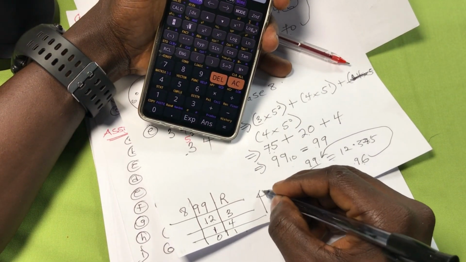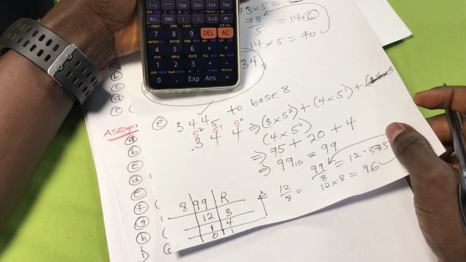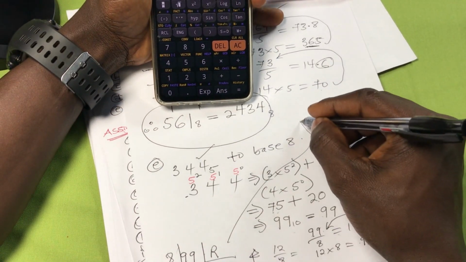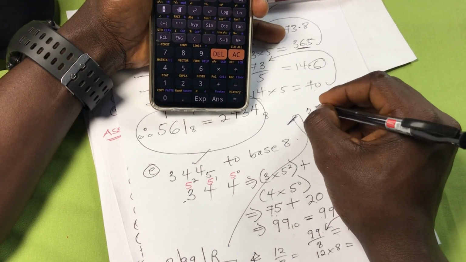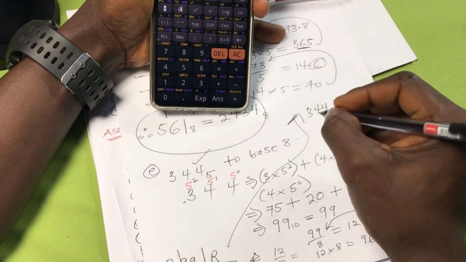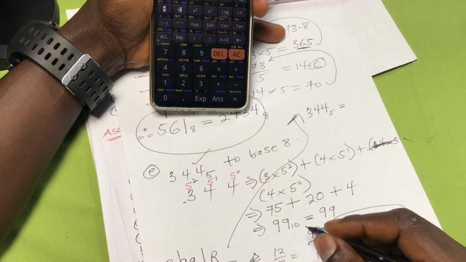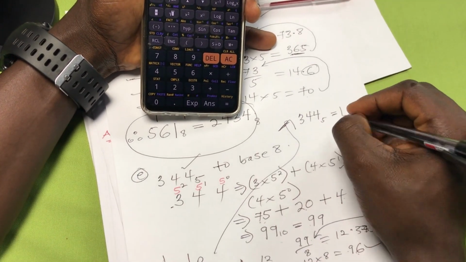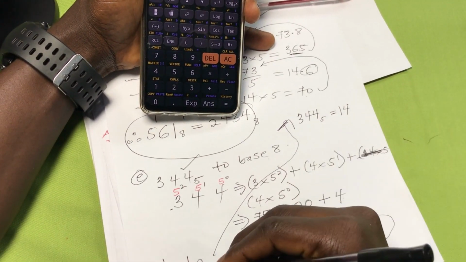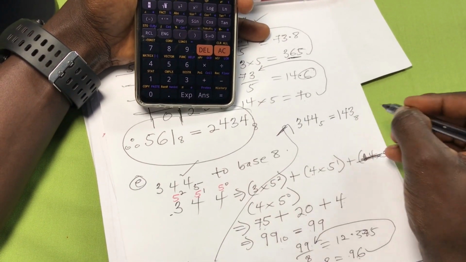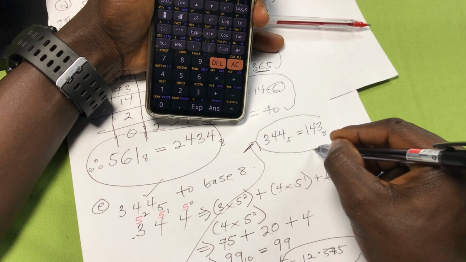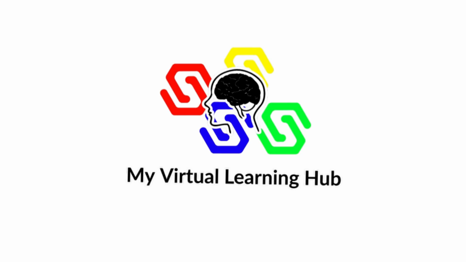So we indicate the arrow up. So if we are to define our answer here, then we say that 344 base 5 is now equal to 143 base 8. That is our final answer.